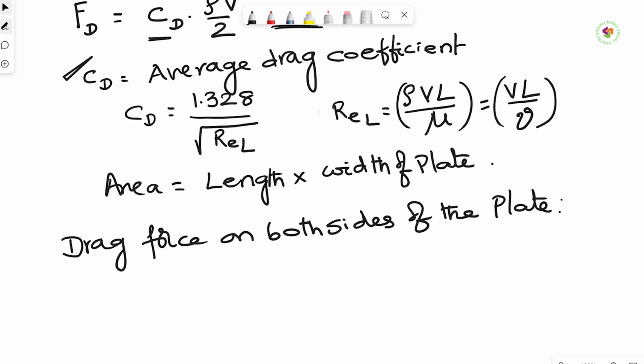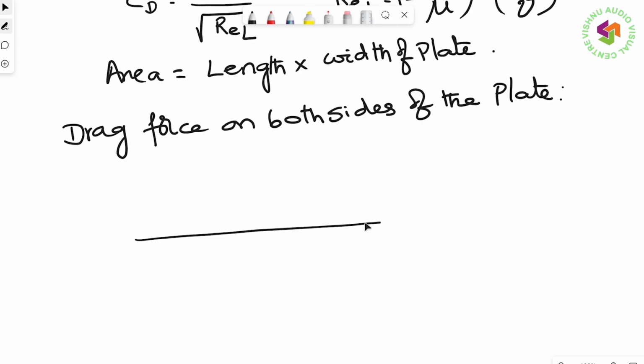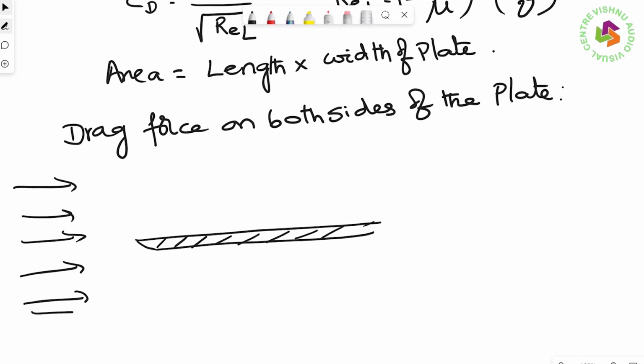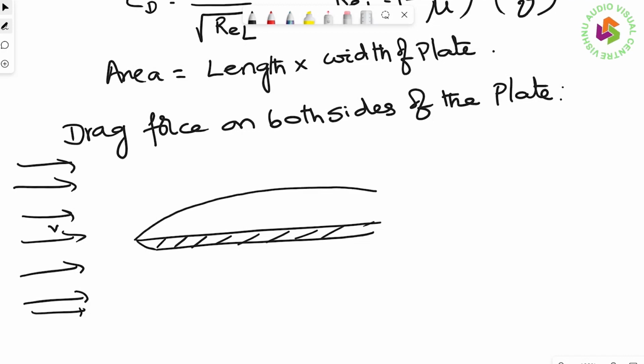For example, take this as a plate, kept in the free stream, which is moving at a velocity V. The laminar boundary layer is formed on the upper side, and again the laminar boundary layer is formed on the lower side. So on both sides naturally the drag force will be there.